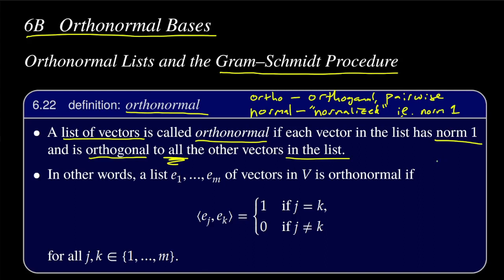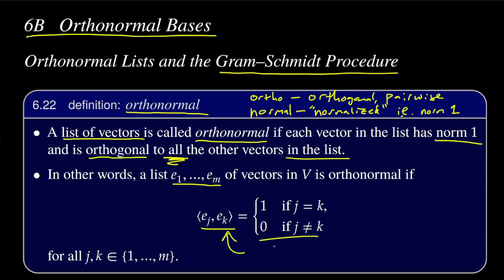So, orthonormal, it's just a list E1 through EM of vectors such that the inner product of EJ with EK basically works like a Kronecker delta. That is, it's 1 if J is equal to K and 0 if J is not equal to K. So this gives us a whole lot of nice things. We can use this tool in a very good way. And notice, one thing that comes out of this is the normality condition.